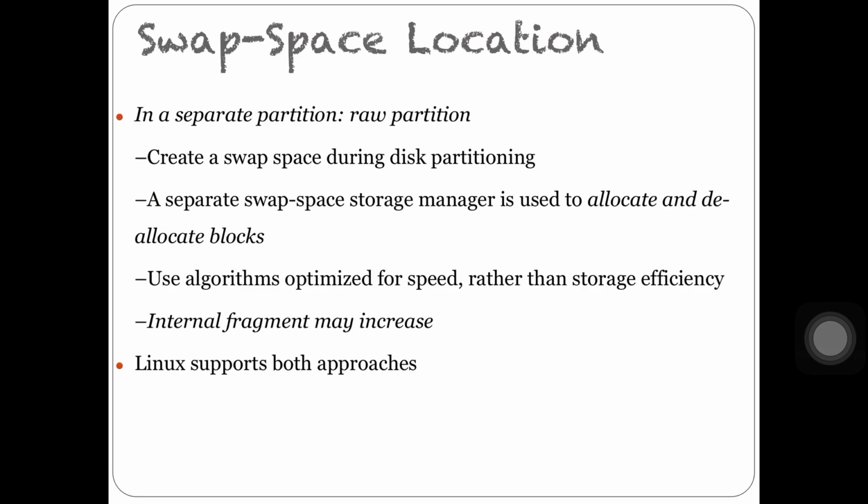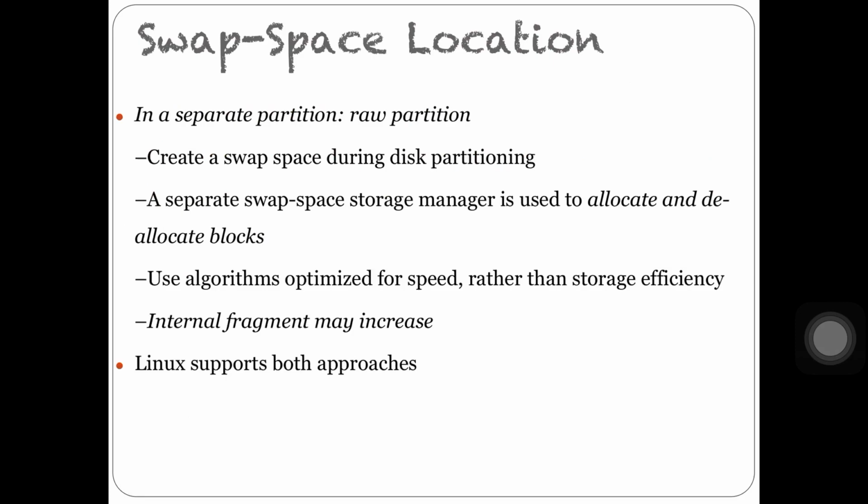A separate swap space storage manager is used to allocate and deallocate these blocks. The manager uses algorithms which are optimized for speed rather than for storage efficiency. In the previous approach, it was efficient for storage purposes, but it was not efficient for speed. But here it is vice versa, the opposite of that.